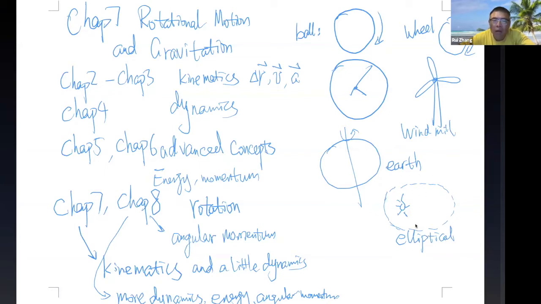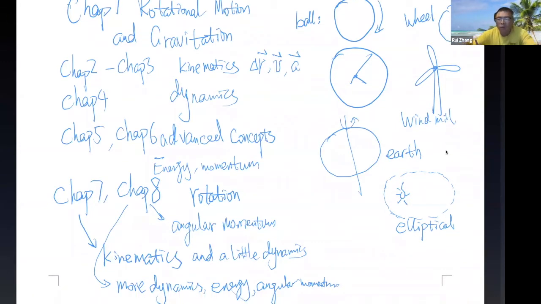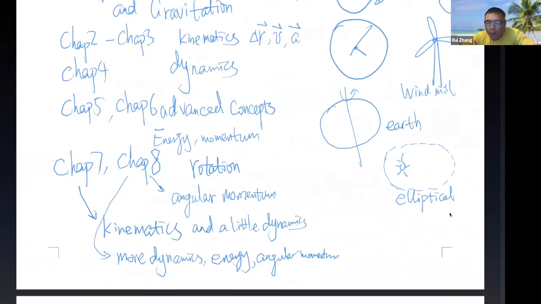So there's all kinds of rotation we have, and if you look at these rotations, what are the common features here? Basically, one thing you notice is all kinds of rotations are periodic motions. In the sense that after one period, the object goes back to the original position and then starts a new cycle. And by the way, this generates for us the years, right?